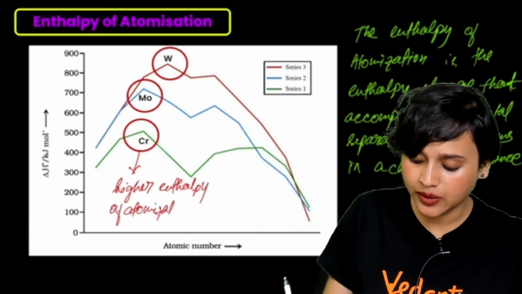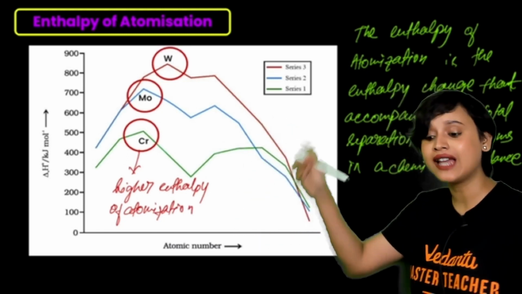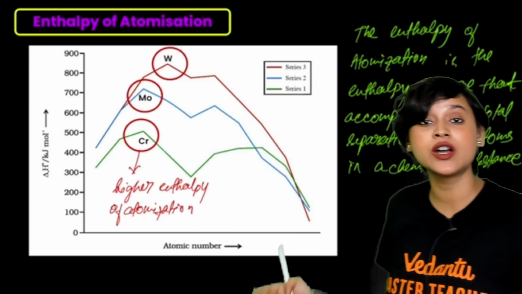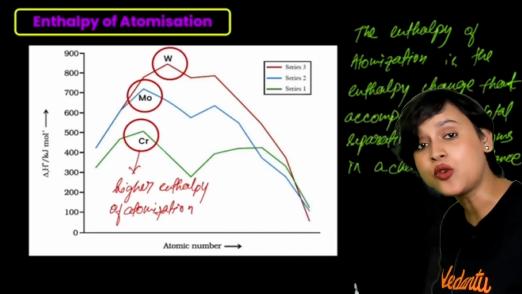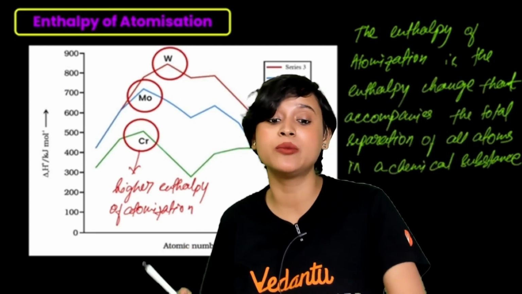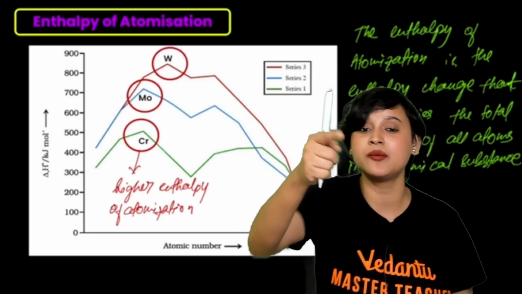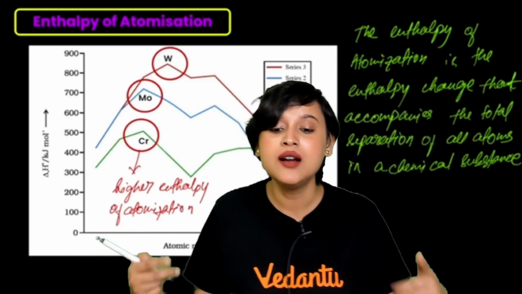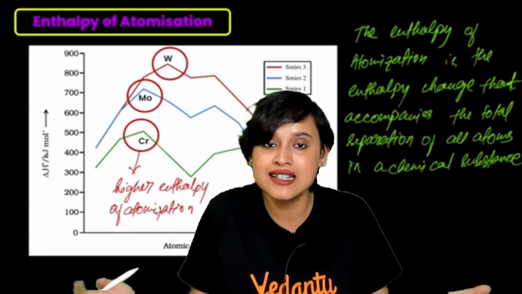Manganese will have a drop in enthalpy of atomization because the number of unpaired electrons has reduced. Zinc will have the least enthalpy of atomization, which once again comes back to the fact that zinc is a brittle metal because it lacks unpaired electrons.